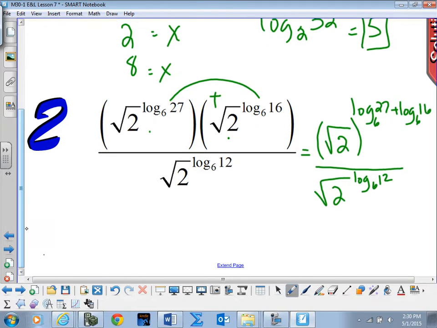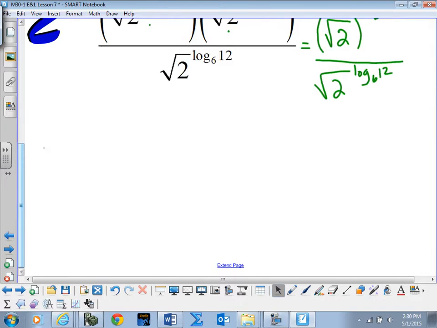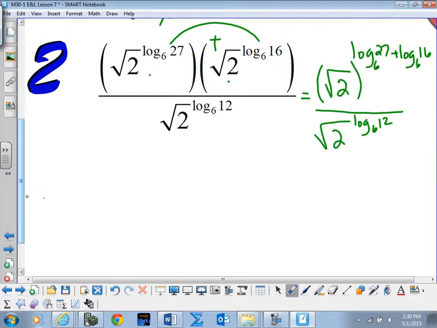So I'm going to write this, the easiest way to continue, down here as a single log, log base 6, 27 times 60. 432. Okay, I'm not going to worry about evaluating that right now.